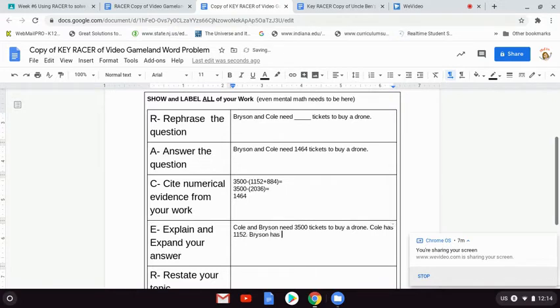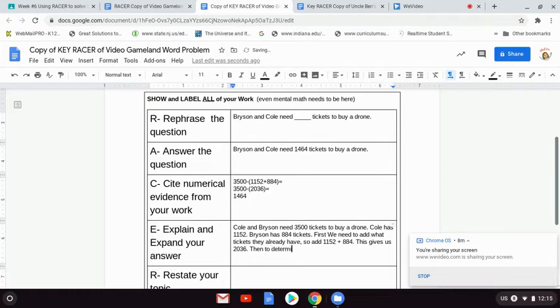Bryson has 884 tickets. First, we need to add what tickets they already have. So add 1,152 plus 884, which gives us 2,036.